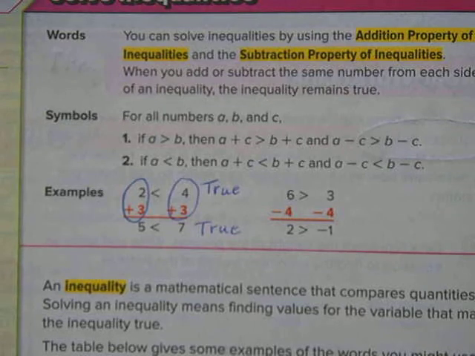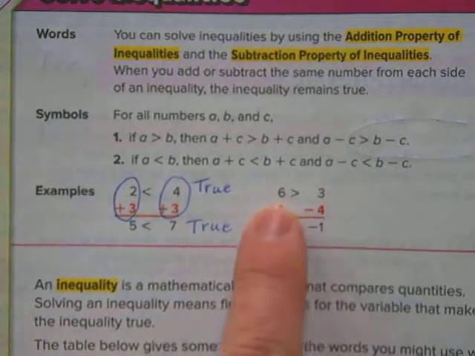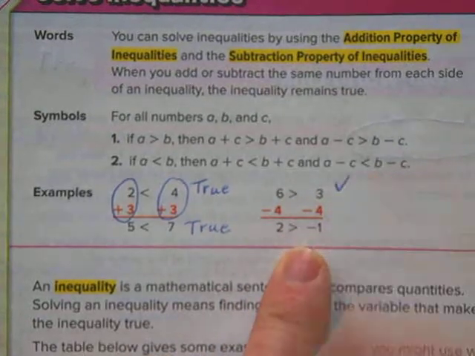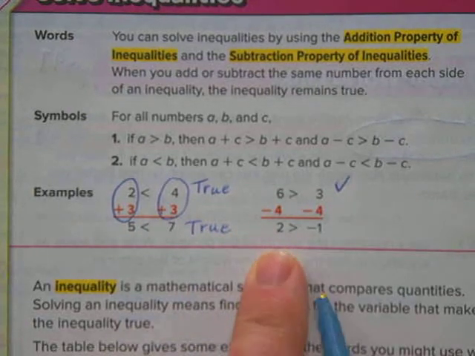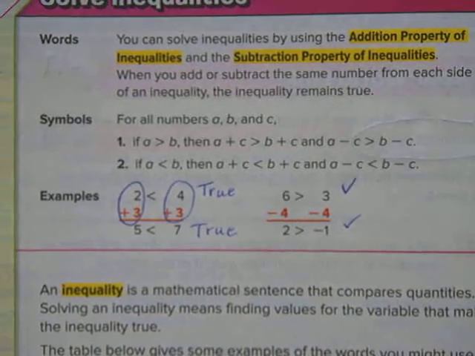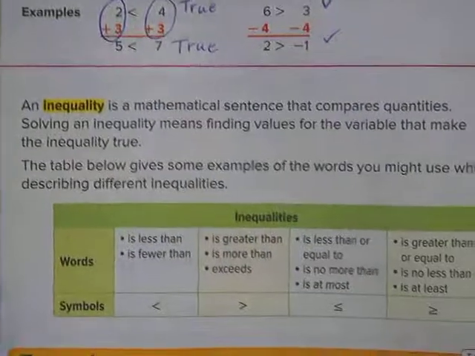So that property says it is okay to add the same amount to both sides of an inequality, and it's not going to break the relationship. Same thing with subtraction. 6 is greater than 3. That's true. Then if you subtract the same amount from both sides, you get 2 is greater than negative 1. That's still true.